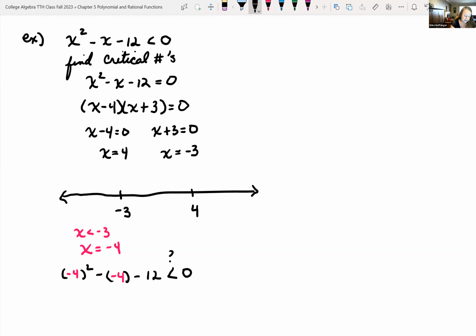Well, -4 quantity squared is 16. 16, and then I have negative, minus a negative is plus, so +4 minus 12. Is that less than 0? Well, I notice that I have 20 minus 12, which is 8. 8 less than 0. This is no. So this is positive. It's above the x-axis at x equals -4. This is not going to be part of my solution.